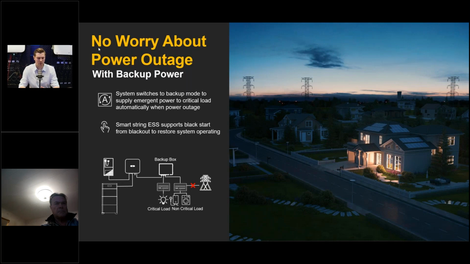So we cannot have three-phase backup. It's only for a single phase. When we have a 10 kilowatt inverter, 10 kilowatts divided by three phases is 3.3 kilowatts. This is the maximum power we can get through the backup box to our loads, and this has to be remembered.